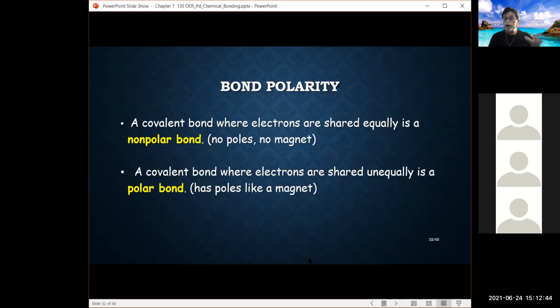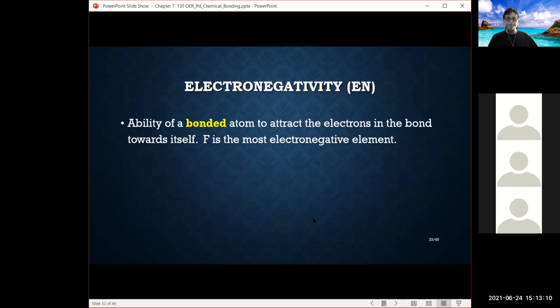With respect to nonpolar bonds, regardless of anything else, when you have nothing but nonpolar bonds, guess what? You have a nonpolar molecule. When you have polar bonds, most of the time you have polar molecules unless those polar bonds cancel out. And I'll explain that here in a bit.